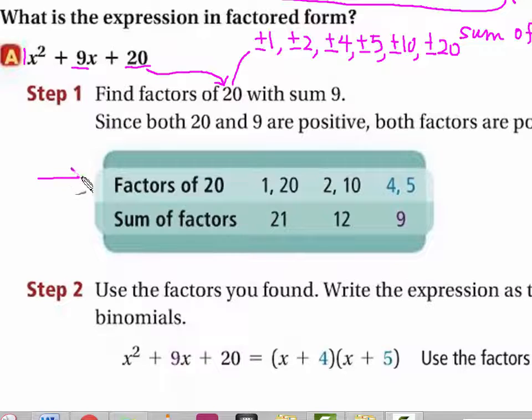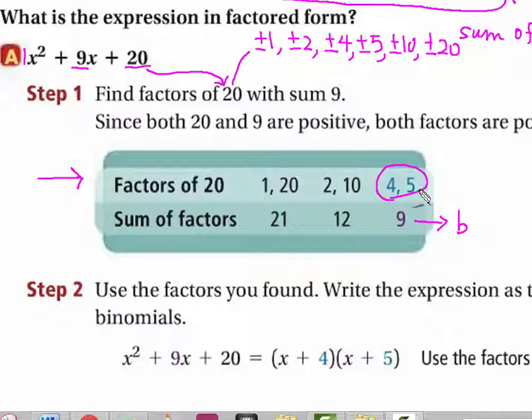The next thing you have to look at is the sum of 2 of these factors, which is going to be equal to 9. If you combine the two factors here, the only sum of factors which will give you 9, this is the value of b, is 4 and 5.